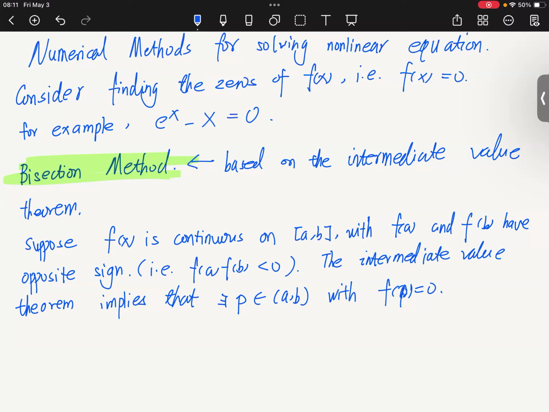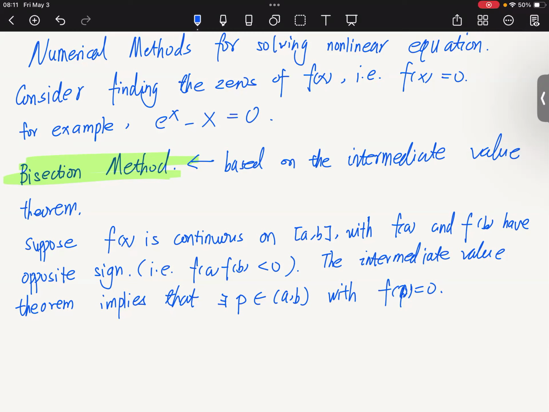No. Why? Can you give me one example that is not unique? So you have a continuous function and opposite signs, right? Oh, I can see someone is drawing. What about cosine? Cosine, yes. So we can have some oscillation here, and then we have multiple roots.